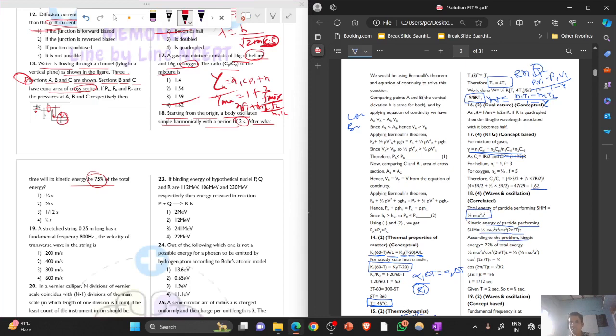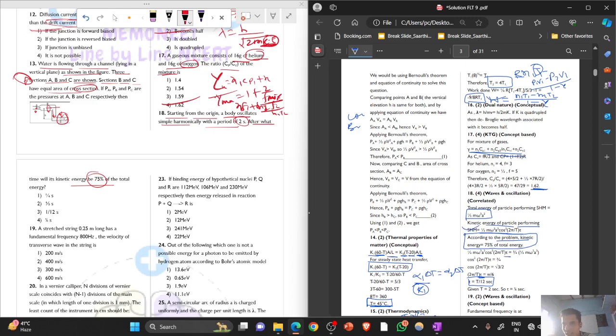The kinetic energy is 75% of the total energy, so you can calculate the time after which the kinetic energy will become 25% of the total energy. After solving it out, T will come out to be capital T by 12. You just need to equate this equation: the kinetic energy is equal to 75% of the total energy.